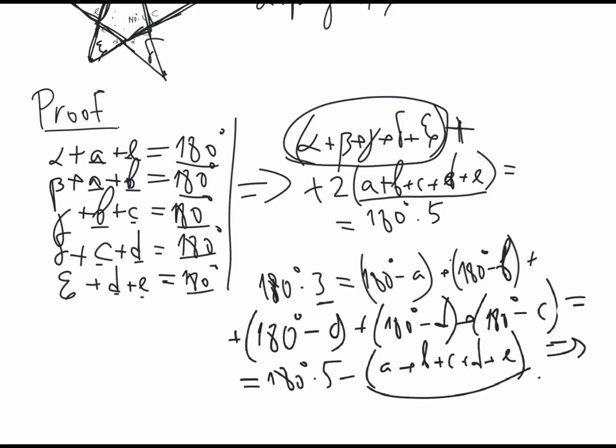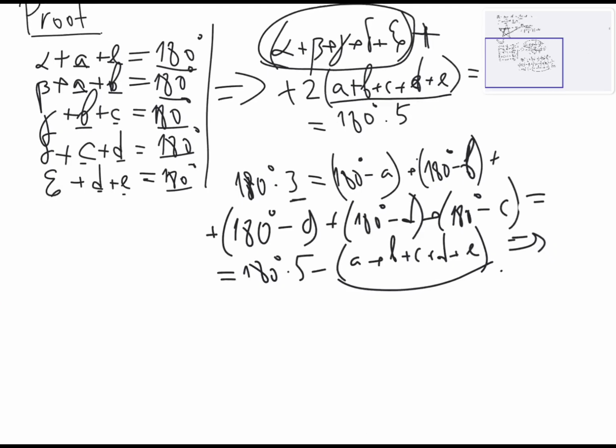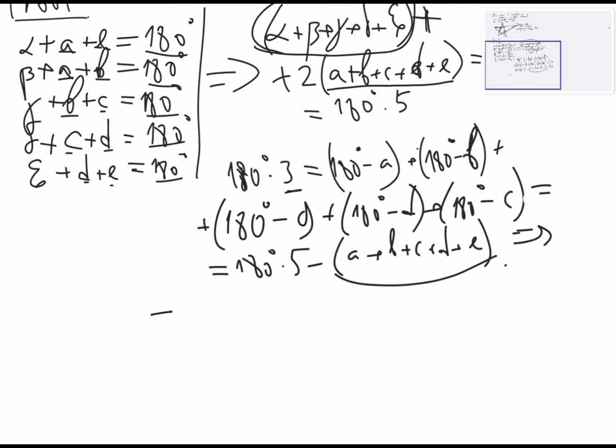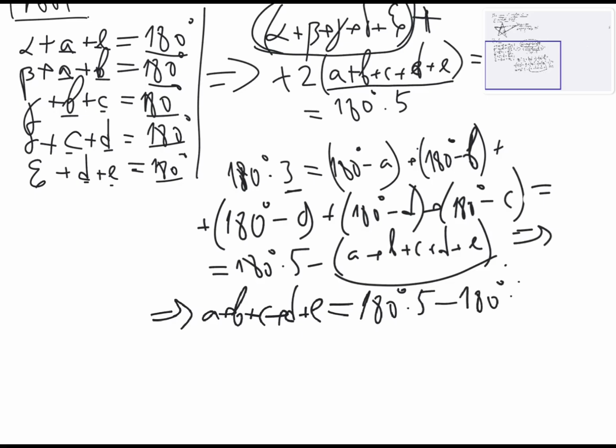So from this it follows that A plus B plus C plus D plus E is equal to 180 degrees multiplied by 5 minus 180 degrees multiplied by 3, which is equal to 180 degrees multiplied by 2, or 360 degrees.